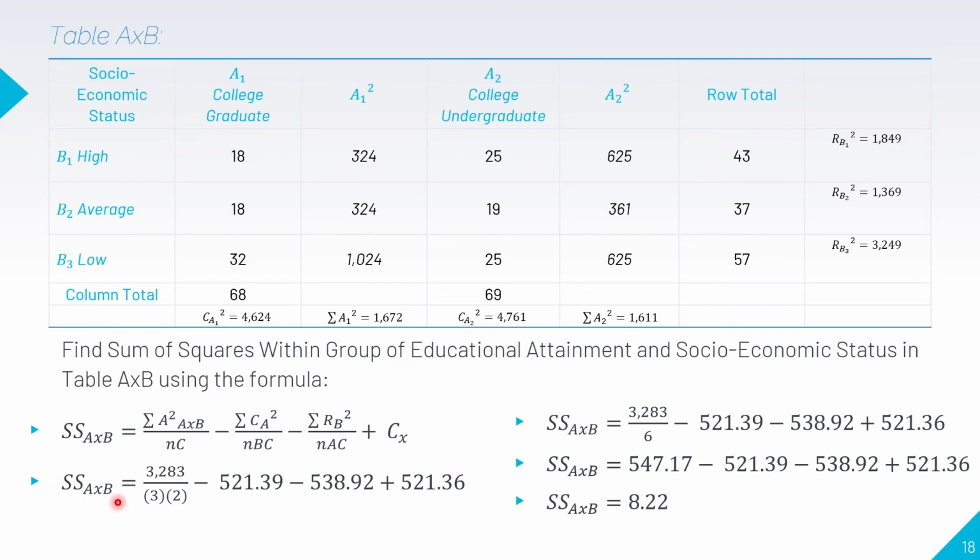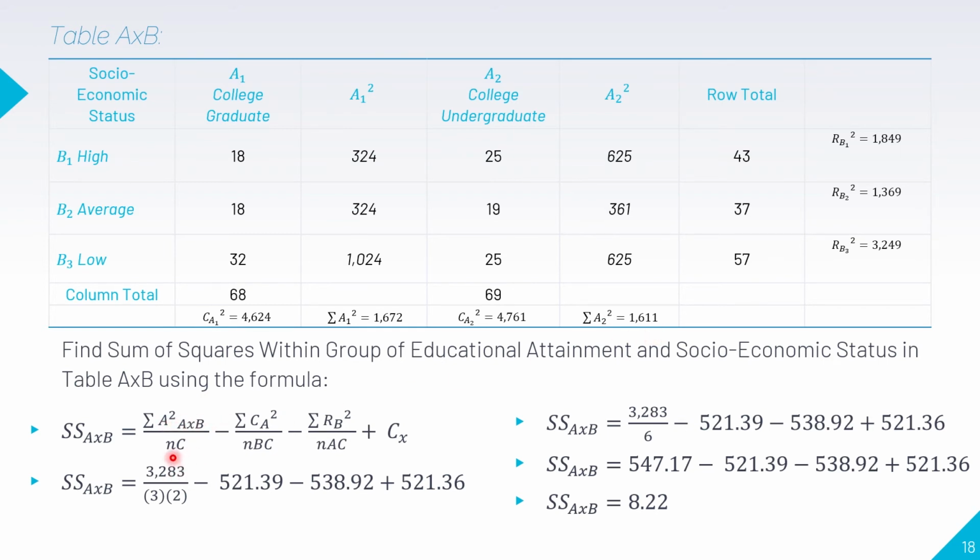So our summation of A squared, A by C, this is our A by B. So we have this one plus this one, the summation of A squared. Let's add this, and we have 3,283.